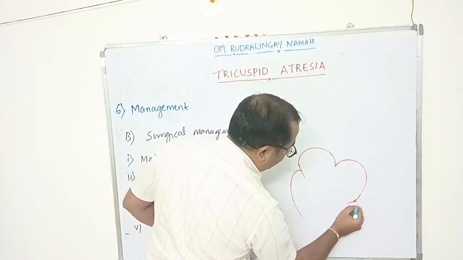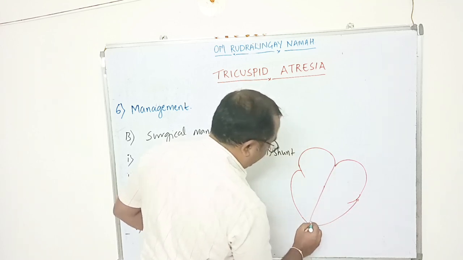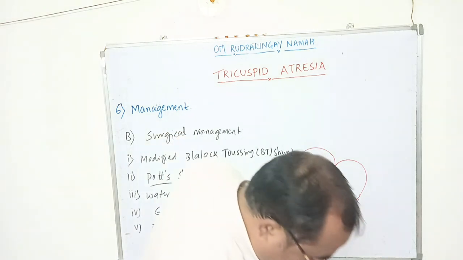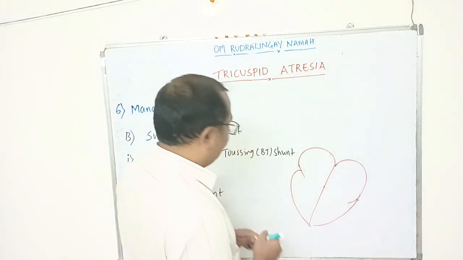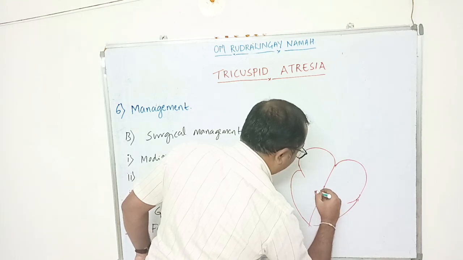Already I have discussed this PART surgery in my previous classes. That is in case of a tetralogy of Fallot. So this is the aorta.